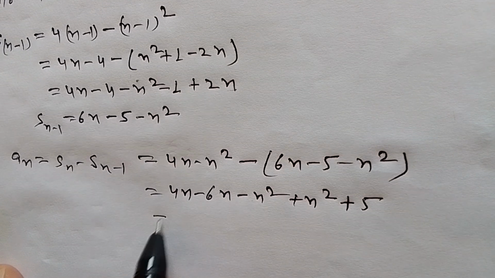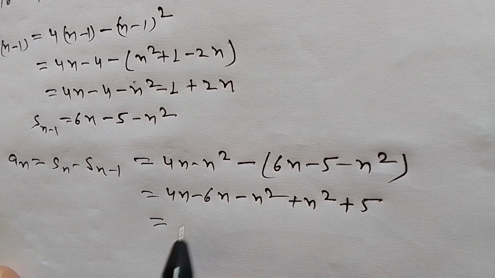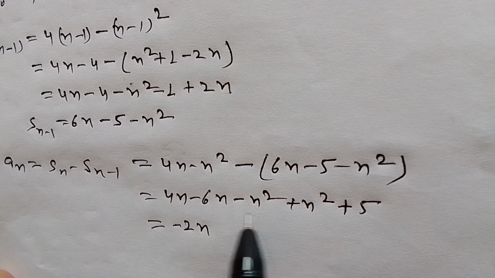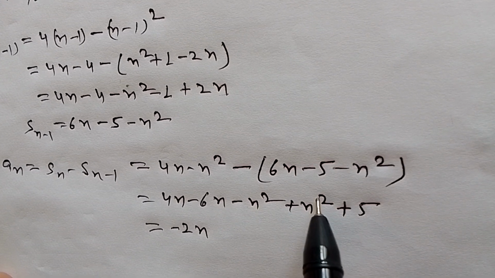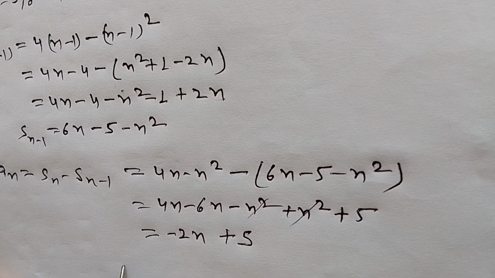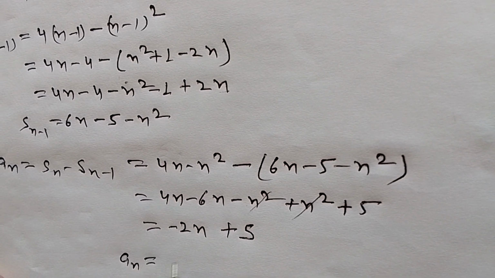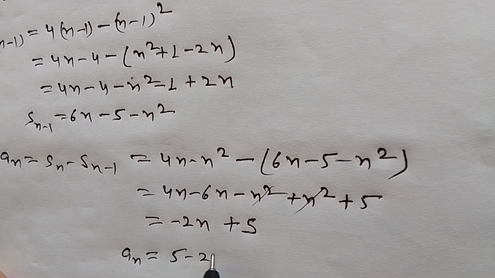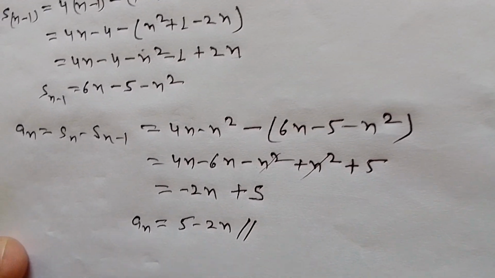On further calculating, 4n minus 6n comes out to be minus 2n, minus n square plus n square cancel, and plus 5, so our nth term An comes out to be 5 minus 2n. This is the solution of the 11th question.